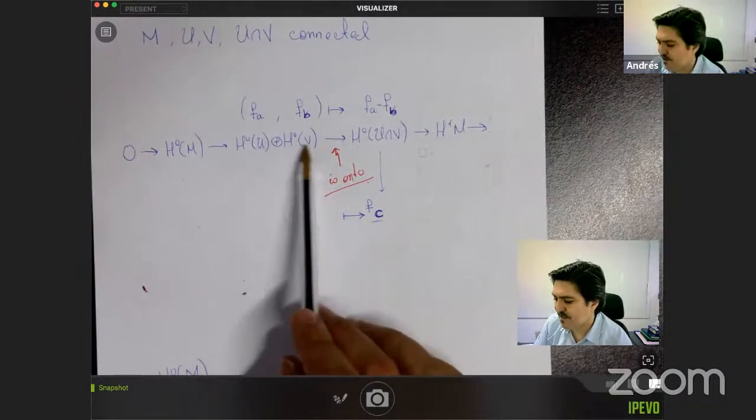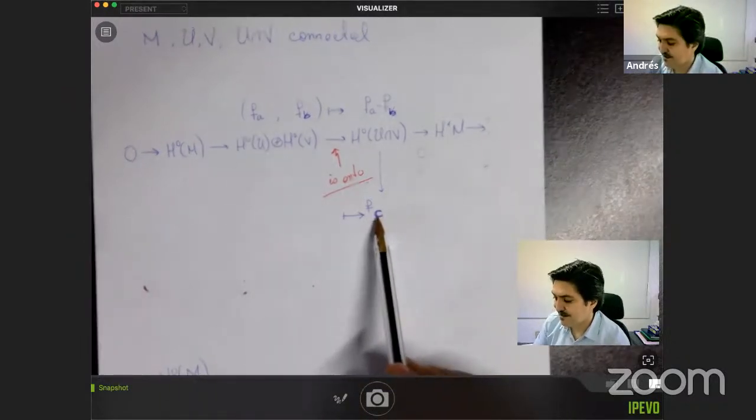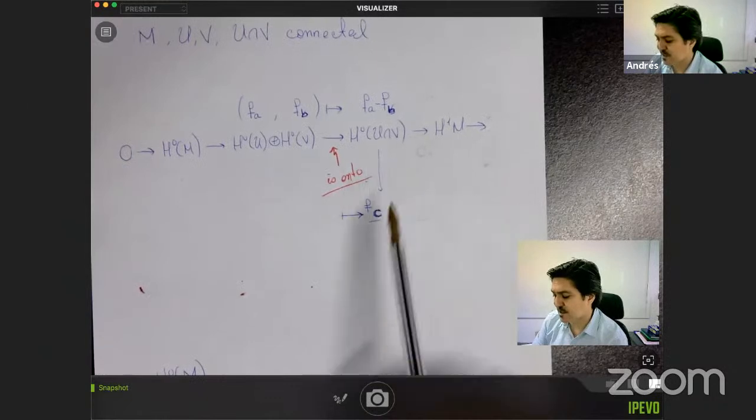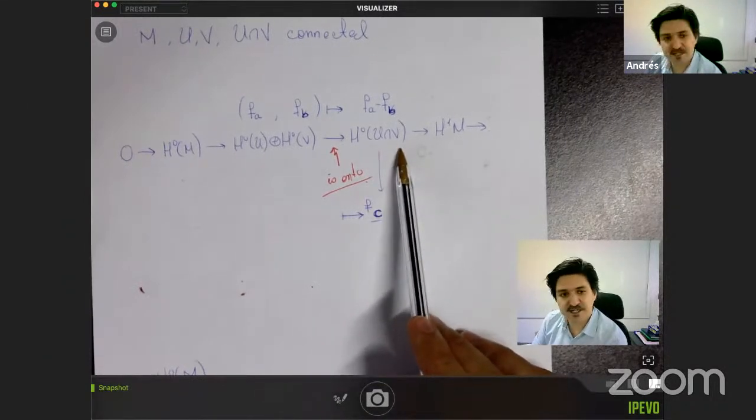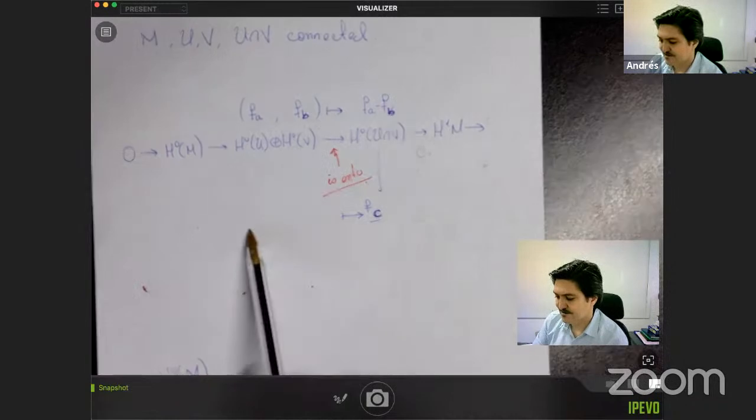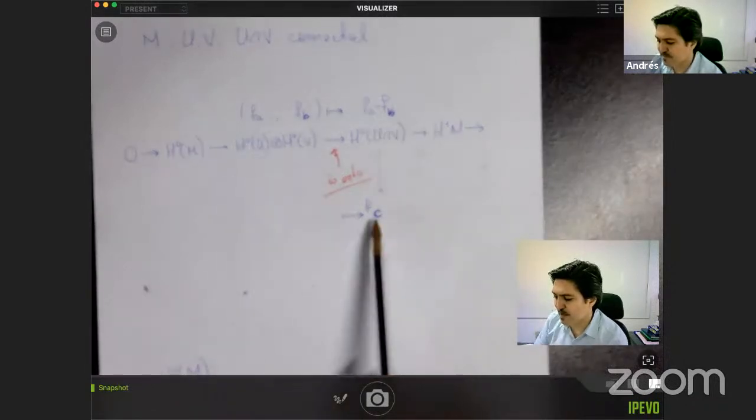I need an element here that will hit the constant function C on U intersection V. Give me an element here that maps here.